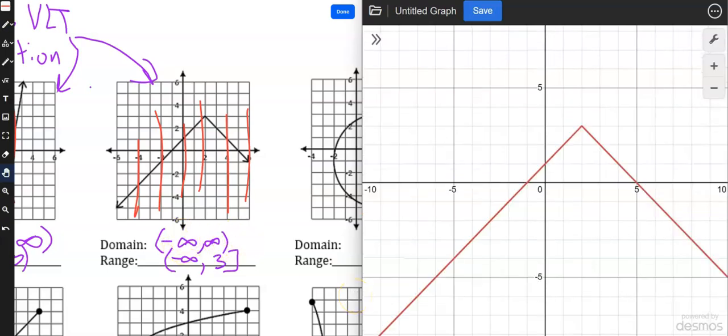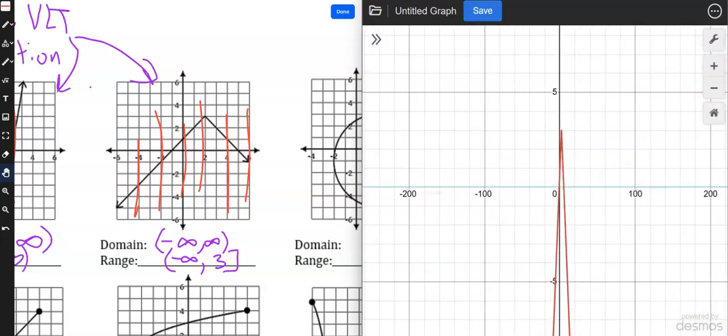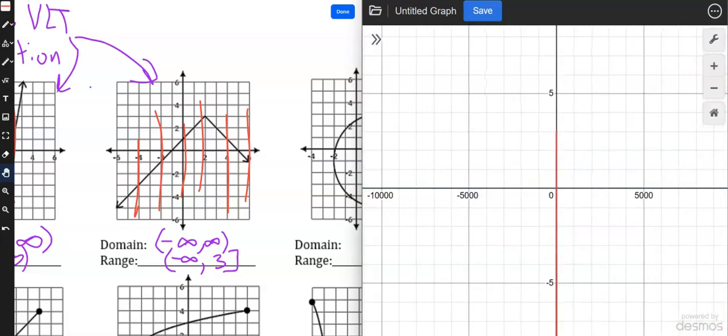Now we'll come back to the range, and we'll smash it onto the y-axis. And when we do that, we can see that the highest value here is 3, and it goes down to negative infinity. Of course, we always want the smallest value to be on the left. That would be negative infinity in this case, and the largest value on the right, which would be 3. Since it does max out at 3, we have to include it with the bracket.